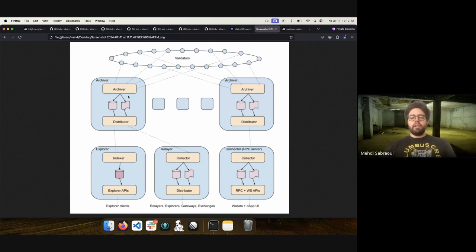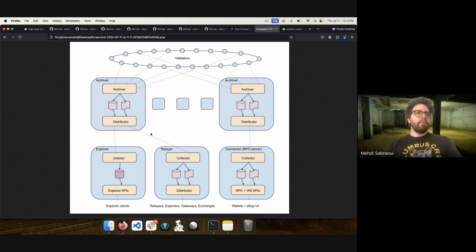So the archivers gather the info, and then from there it's spread to the Explorer, wallets, distributed application UIs, exchanges, gateways, what have you. This is how the outside world gets information from the network, through the archivers. That's because only the most recent transactions are stored on the actual network itself. The history of the transactions is stored on the archivers.